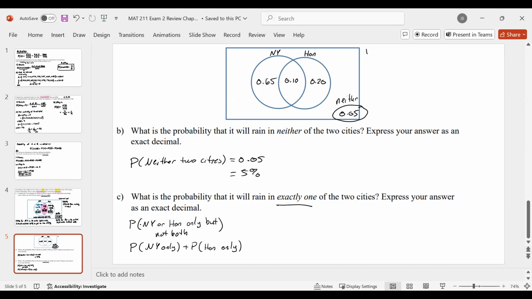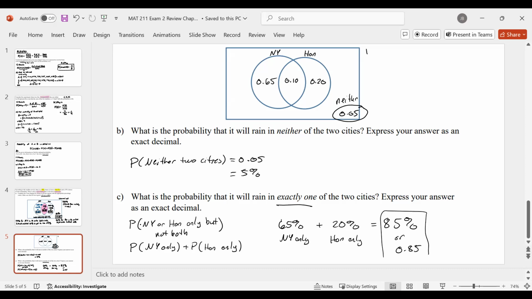But in either case, you're just saying there is a 65% chance of New York only, plus a 20% chance of Honolulu only. If you add those two together, there is an 85% chance, or 0.85.